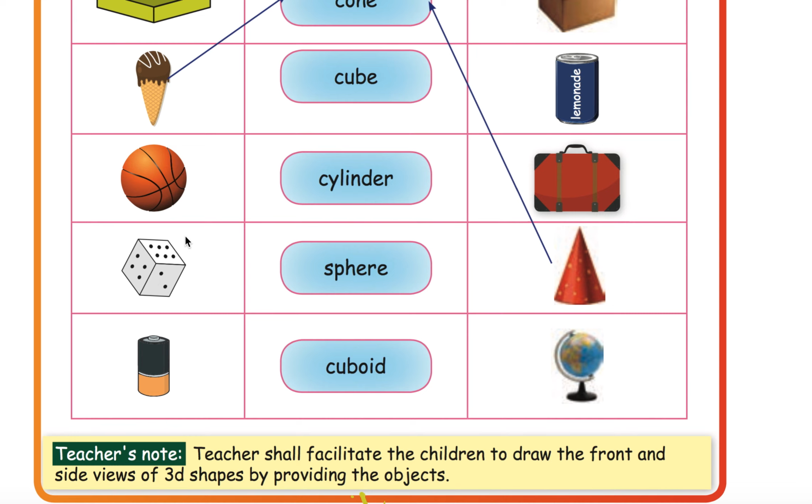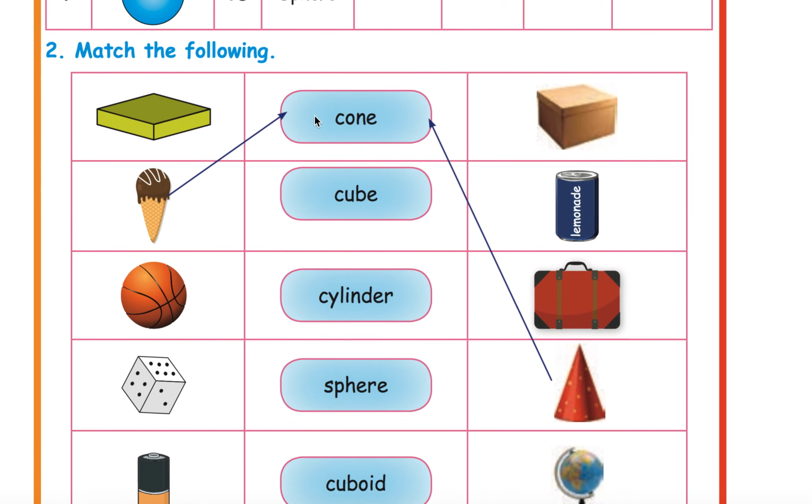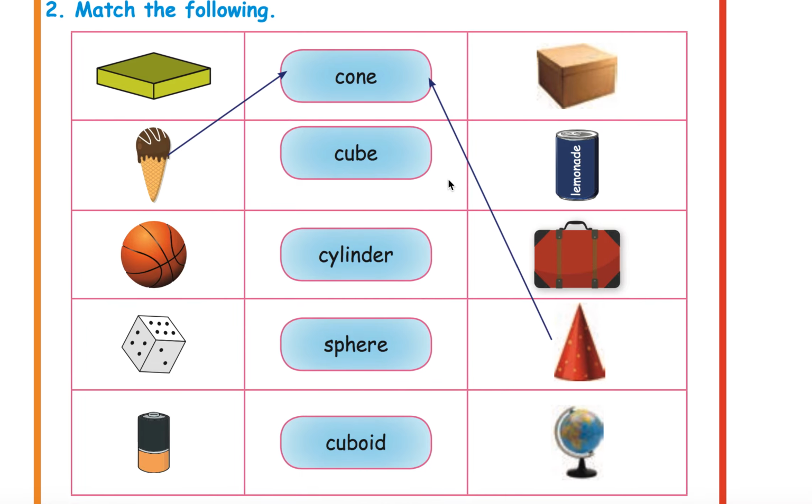Dice, perfect example for cube. This one is cube. Maybe this one is not cube. It is not appearing like a cube. Okay, leave it. And this one is cylinder. This one is also cylinder.